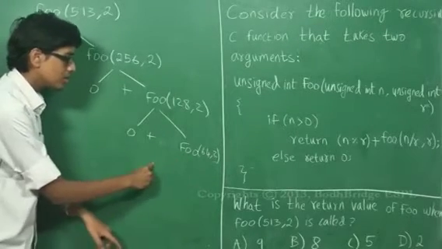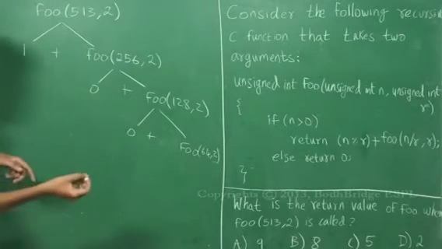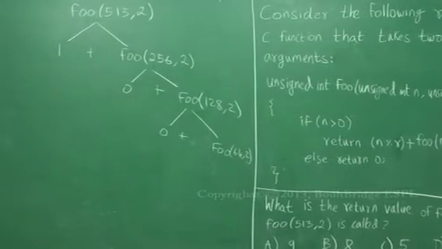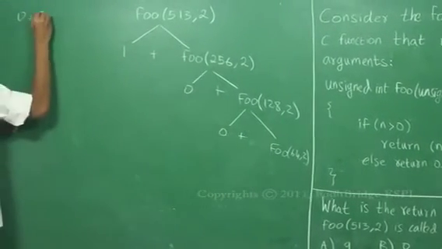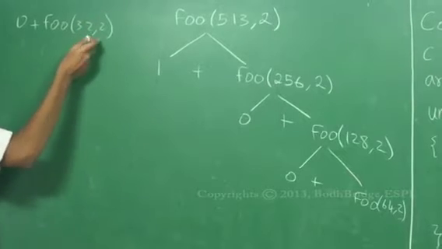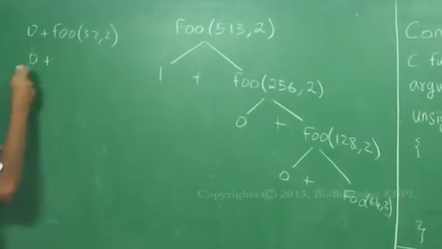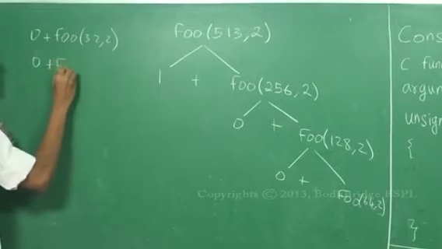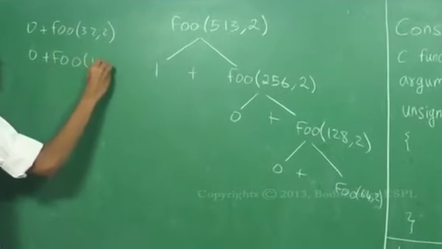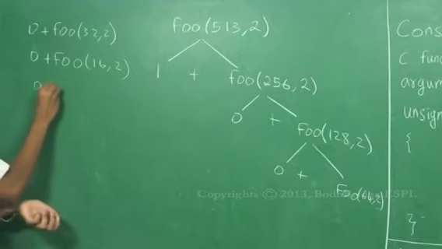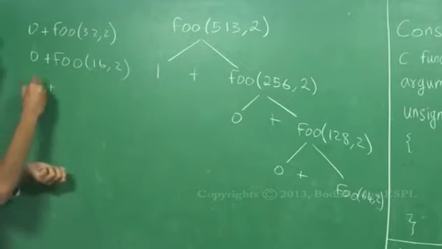So this goes on. Next it will be 0 plus 64 by 2 is 32. So it will be 0 plus foo of 32, 2. Again this will be 0, because 32 divided by 2, the remainder is 0. 0 plus foo of 16, 2. This will again be 0 because 16 divided by 2 remainder is 0.